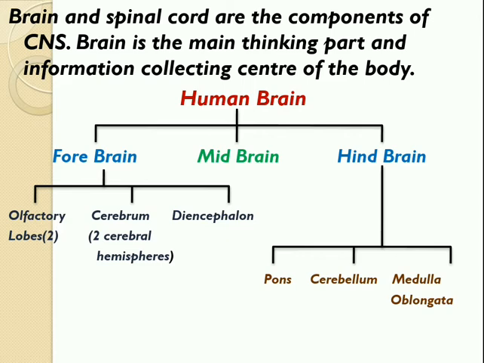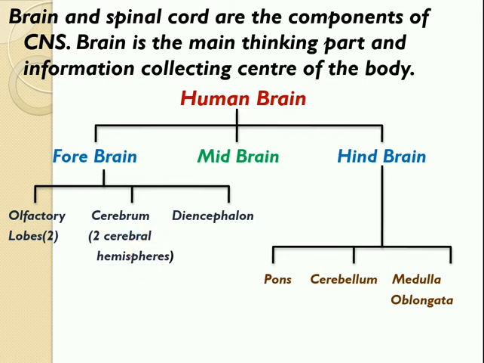Let us study about the various parts of human brain. Human brain is composed of three important parts: forebrain, midbrain and hindbrain. Forebrain is the largest part of the brain, which is further composed of two olfactory lobes associated with smell. Cerebrum, which consists of two cerebral hemispheres.